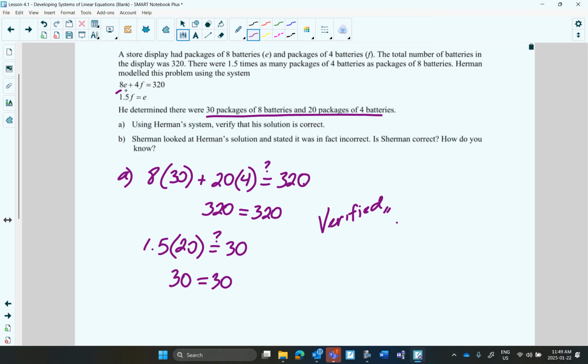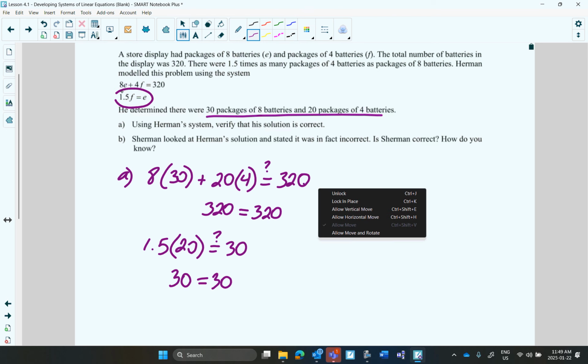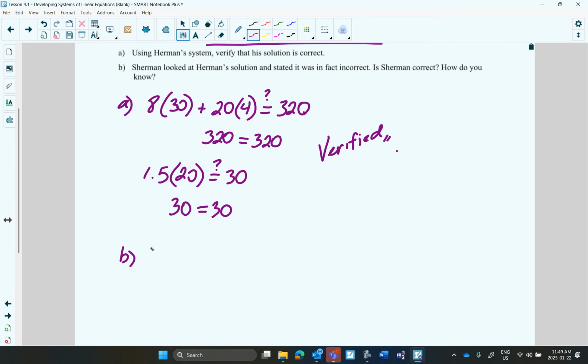Well, the mistake was actually here. It should be 1.5 E equals F. Because remember, there's more 4s. So that means we're going to have to multiply the E's by 1.5 to get to the number of 4s. Okay, so Sherman is actually correct. Because the second equation should be the other way around.